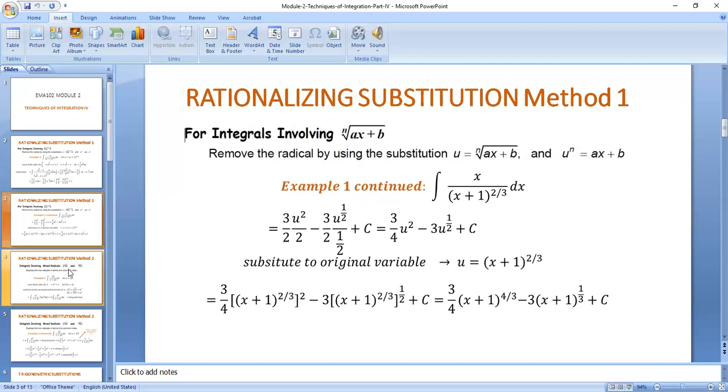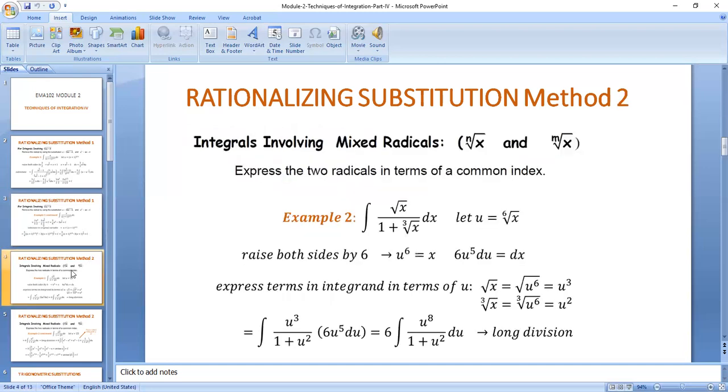Okay, in the second method, you have here an integral involving mixed radicals. So one expression is the nth root, and the other expression is the mth root. Now, the equivalent of this is x raised to 1 over n, and this one is x raised to 1 over m. How do we eliminate these radical expressions in this mixed radical expression in your integral?